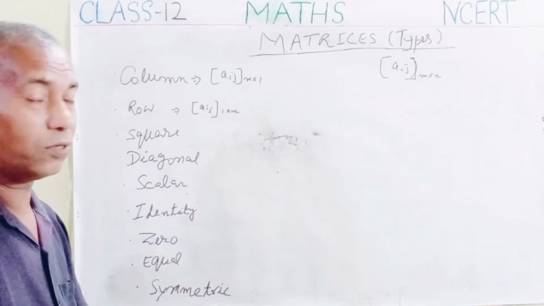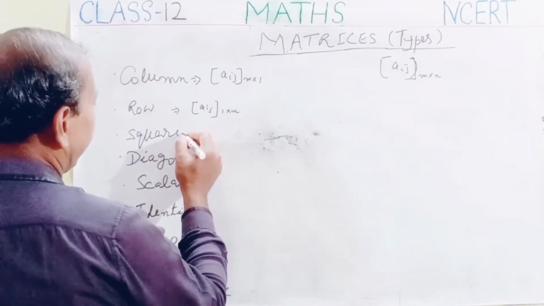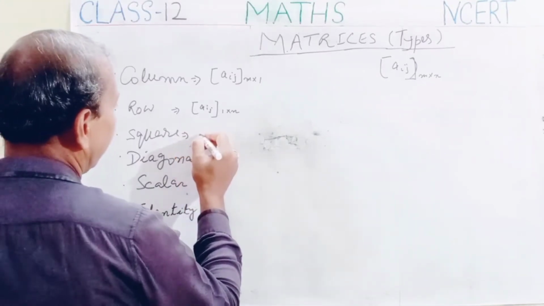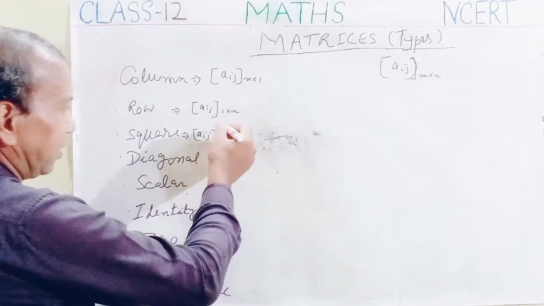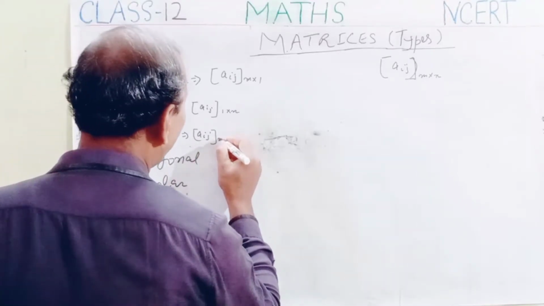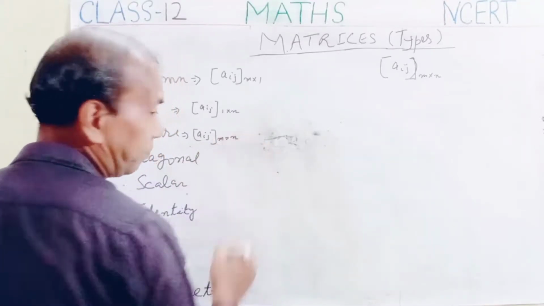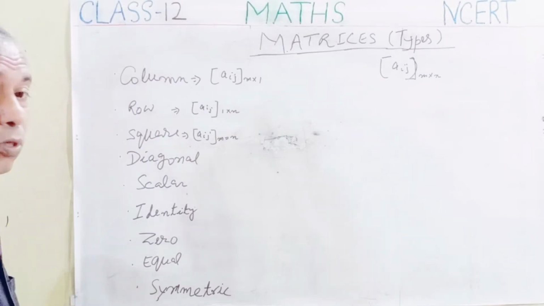Now, next one is your square matrix. In the square matrix, this Aij is there, but here the value of M is equal to N. Means your row is equal to column. Then it is a square matrix.